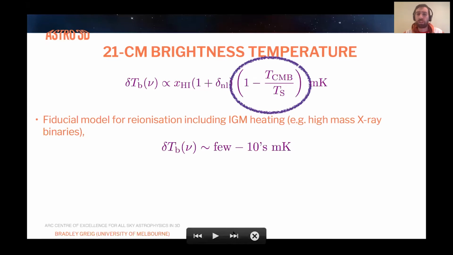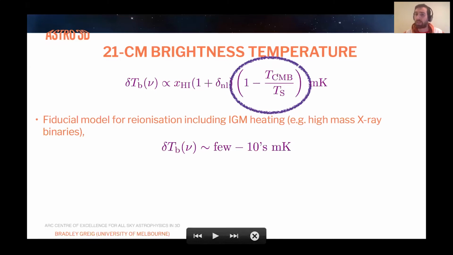Now the question is, what if the IGM does not undergo X-ray heating, so it doesn't get heated at all? Under the previous scenario, the spin temperature with X-ray heating just basically goes off to large values, and this term saturates out to unity. But if we don't have heating at all, the spin temperature is adiabatically cooled.